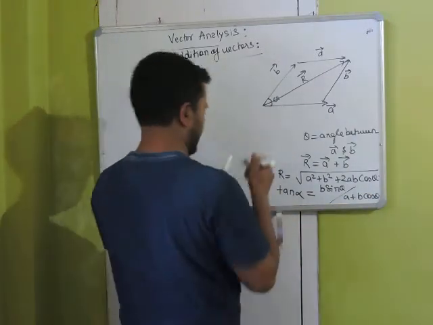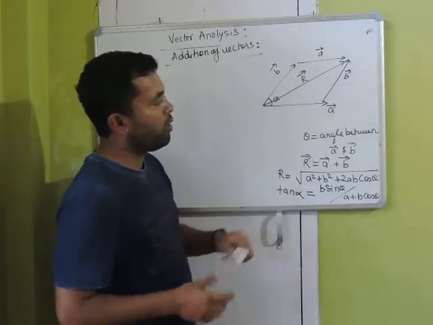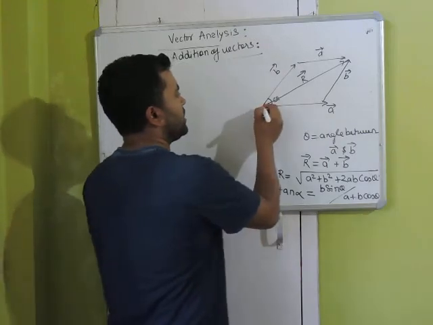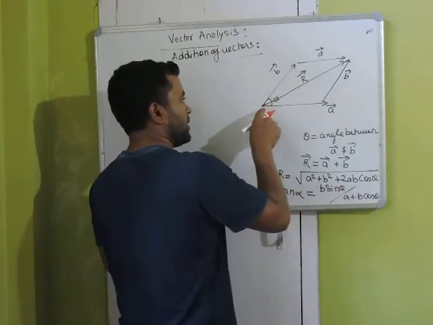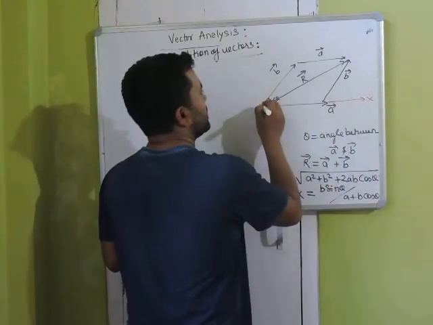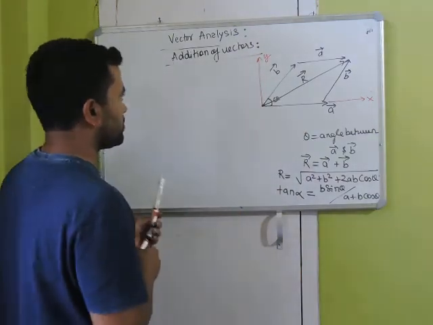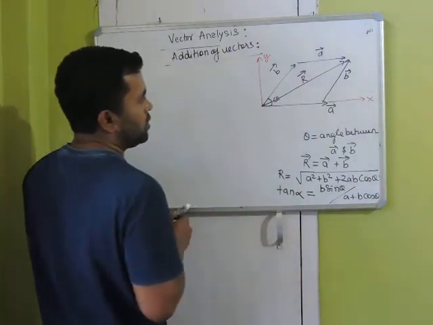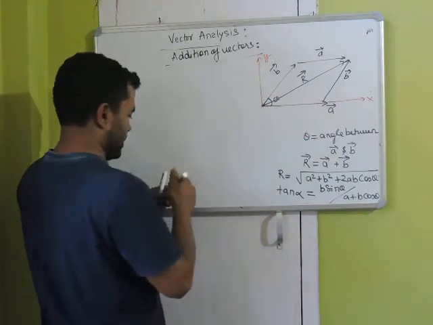Now let me take care of this with the components. Let us say this is the tail of the resultant, so I will draw here the x axis and this is the y axis.